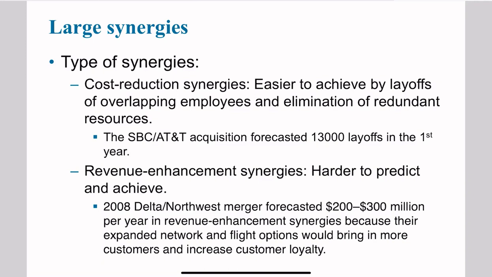So this would bring more customers, and this will increase their revenue and increase their customers' loyalty. But you can see that this type of synergies could be harder to predict and achieve.